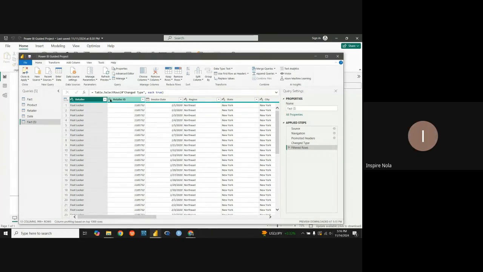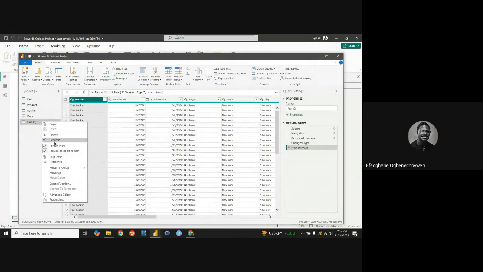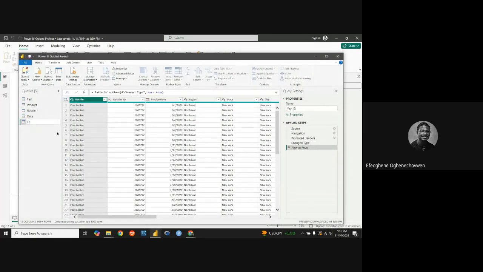Sir, I think you create a new table for the location table. Okay, so I'll rename it. I'll rename this here as Location. Okay, so the next thing I'm going to do is choose columns.